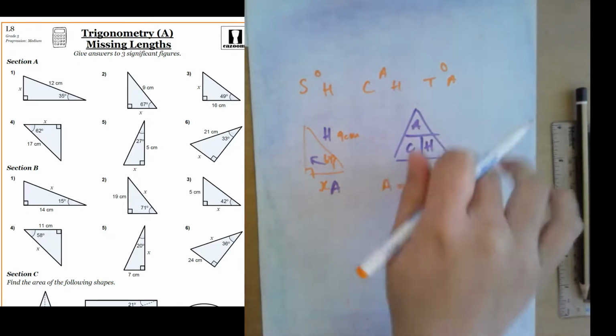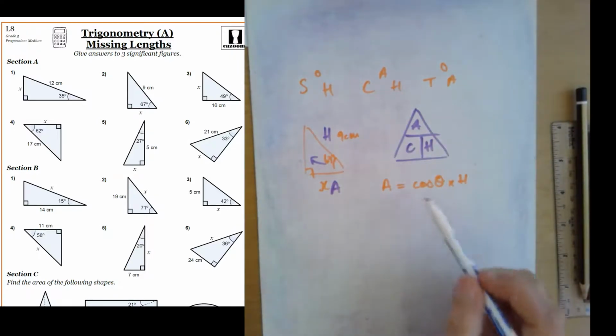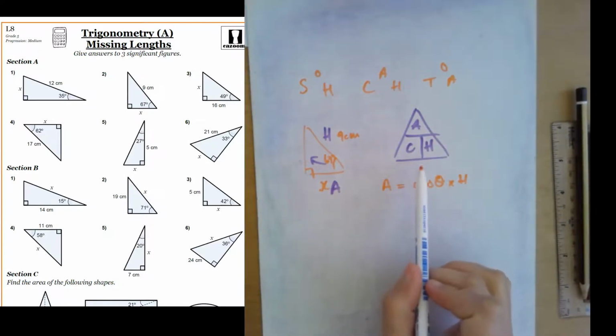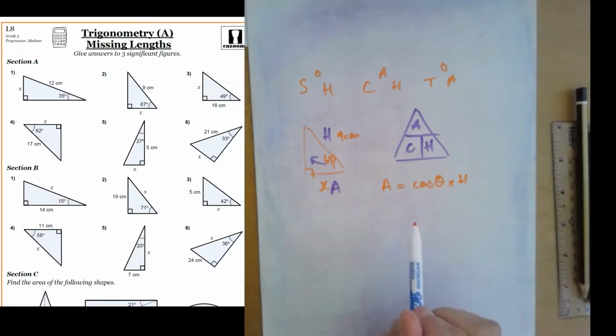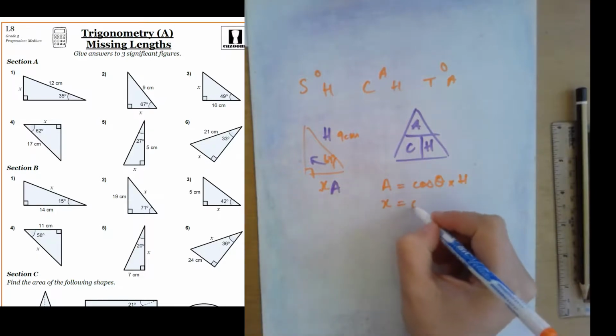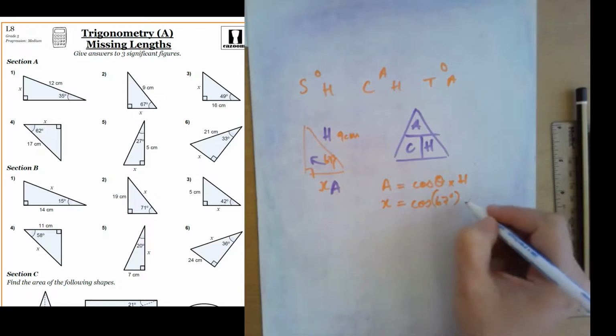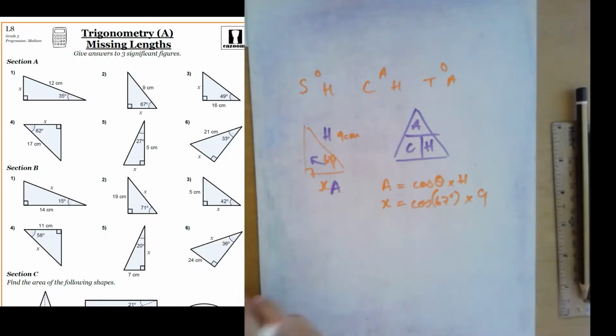I've only done it this way in order to make it easier for me when I'm writing out my working, because this is just a memory trick. It's not the actual equation. Okay, so instead of A, I've got X, and then instead of theta, I'm going to put 67 degrees, and instead of H, I'm going to put 9.